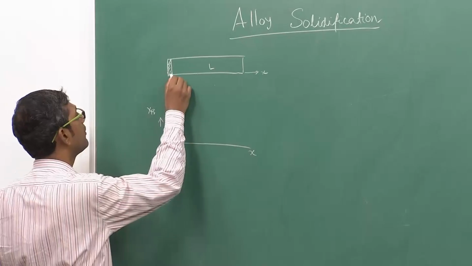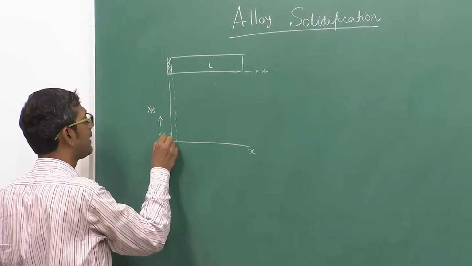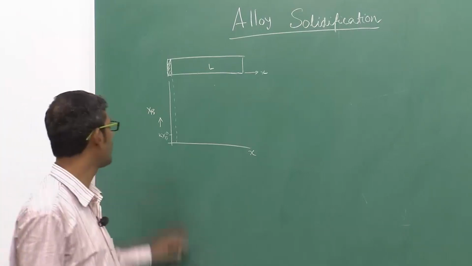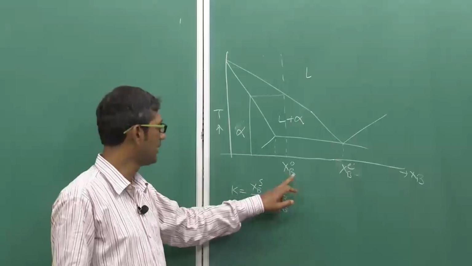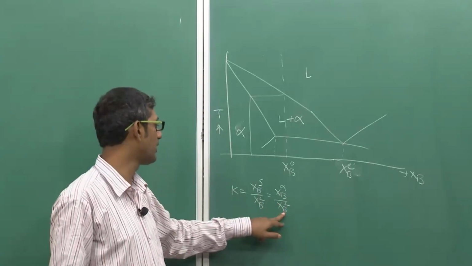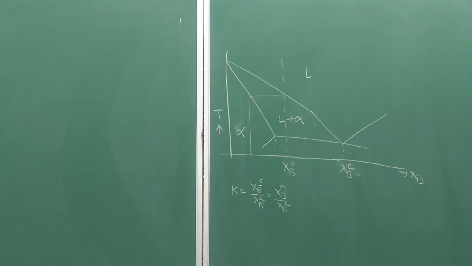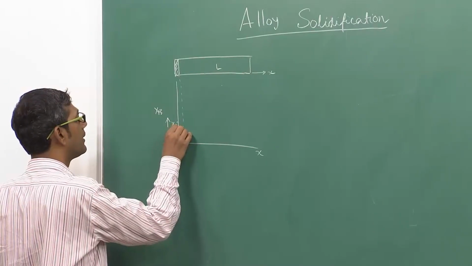So, if I draw, this is KXb0, the solid composition. As you know, if Xb0 is the liquid composition, then the solid composition will be KXb0, and this is my Xb0 point.